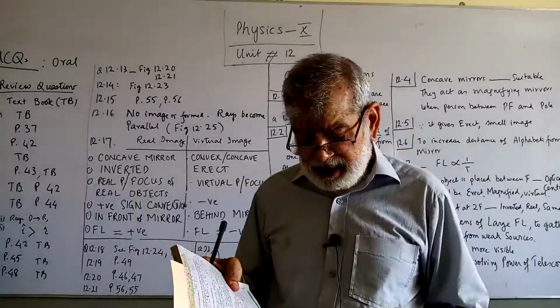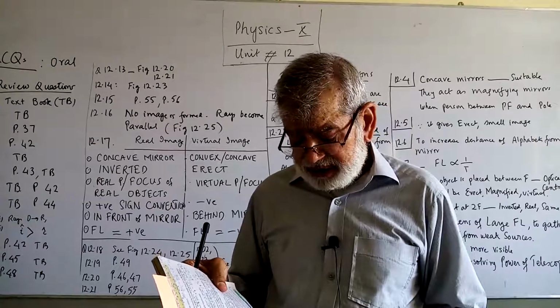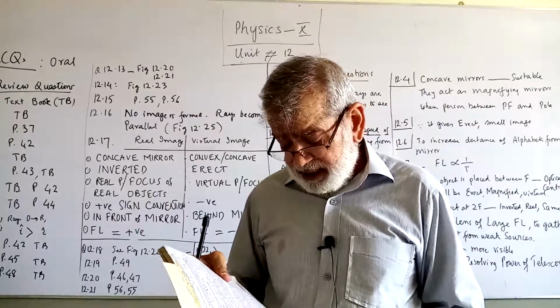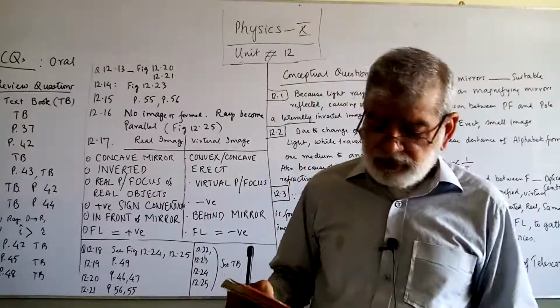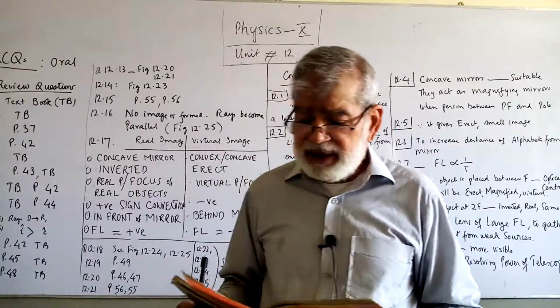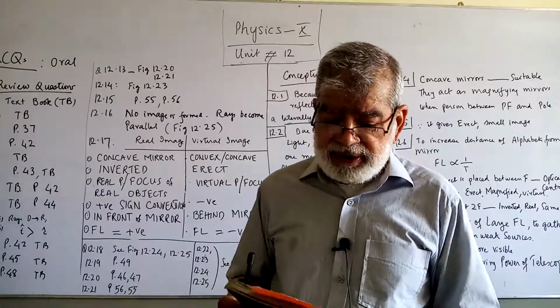Question number 9. If a ray of light in glass is incident on an air surface at an angle greater than the critical angle, the ray will, there are four options. Option B is correct, reflect only. Question number 10.